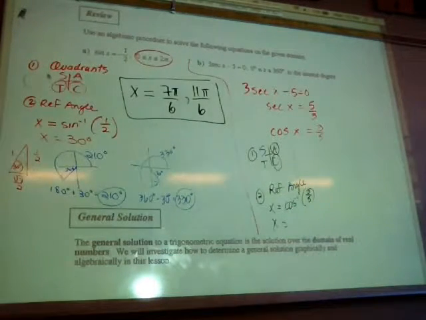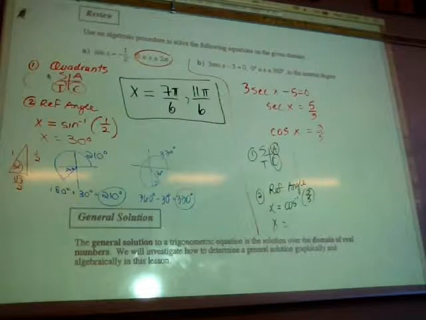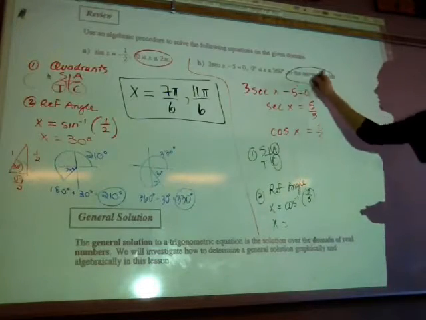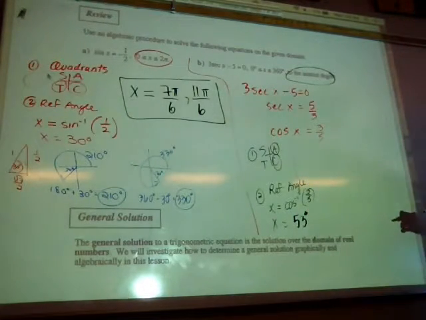You guys can help me out when you go inverse cosine 3/5. So to the nearest degree, we get 53 degrees. Okay, so that's our reference angle.